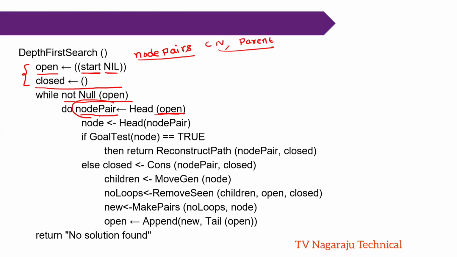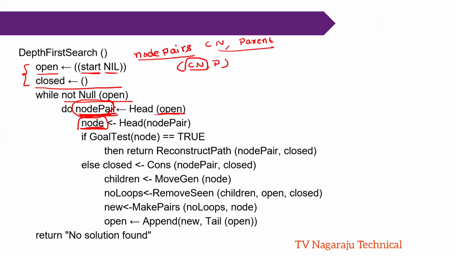From this node pair, retrieve the exact value. Why? You know the meaning. Node pair means simply current node comma parent. But what do we need? I need only the current node. So from this node pair, I am extracting the current node. That is the actual node that you are going to process.